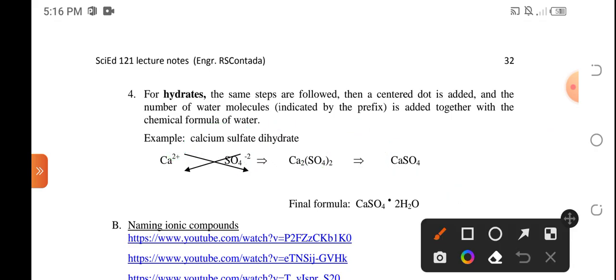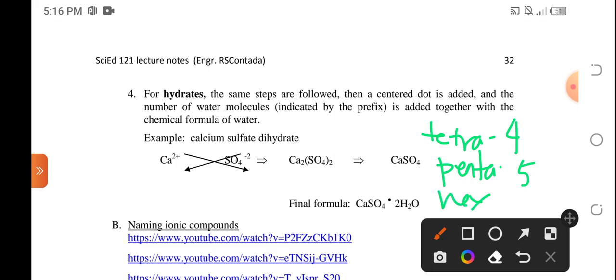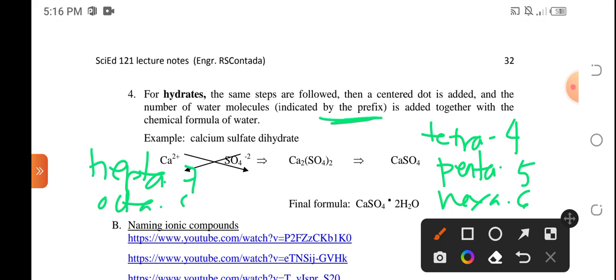Then we have tetra for 4 water molecules, and then we have penta for 5, then hexa 6, then we have hepta 7. Okay, so ito yung mga prefixes na gagamitin natin. And then octa 8. Then we also have nona kung may 9 and deca for 10.